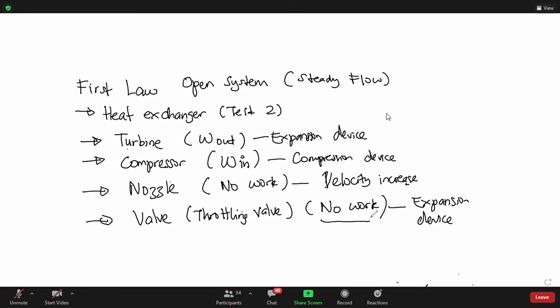So I need you to read about them and, of course, understand the function. What does it do? You can go to the textbook and have a quick read. Then you will need to analyze them. In analyzing them, first, what's the equation you need to write?